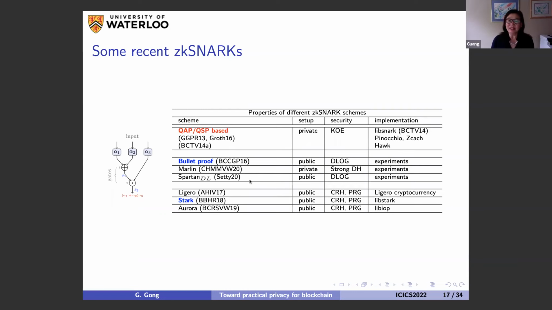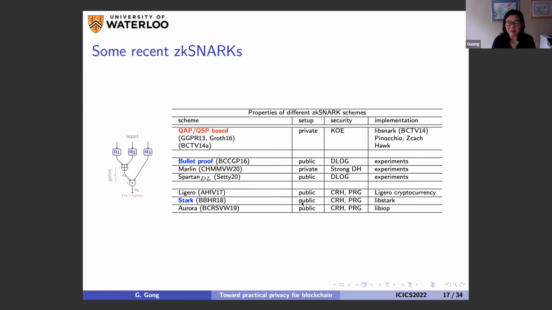And Spartan, which was published by Setty in 2020. So this is the first zkSNARK that provided a general format for polynomial commitment, in which you can switch to any polynomial commitment scheme. So this one is using the discrete logarithm, but those are just experiments. Okay.